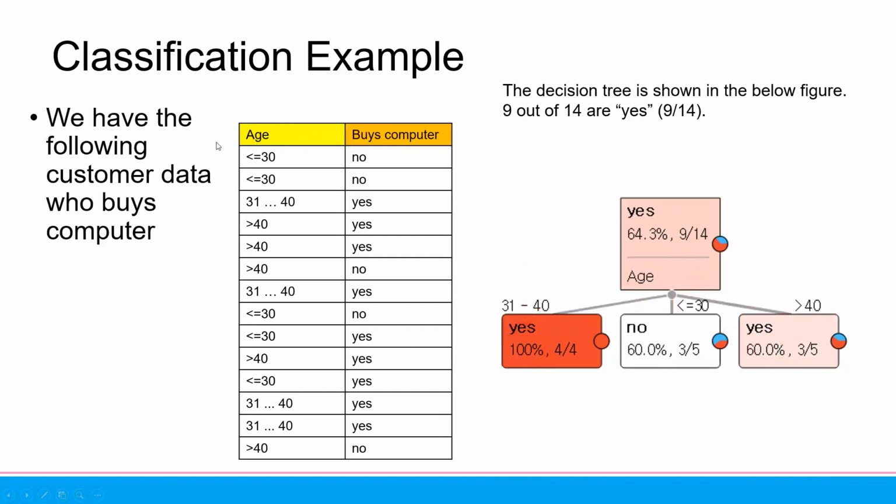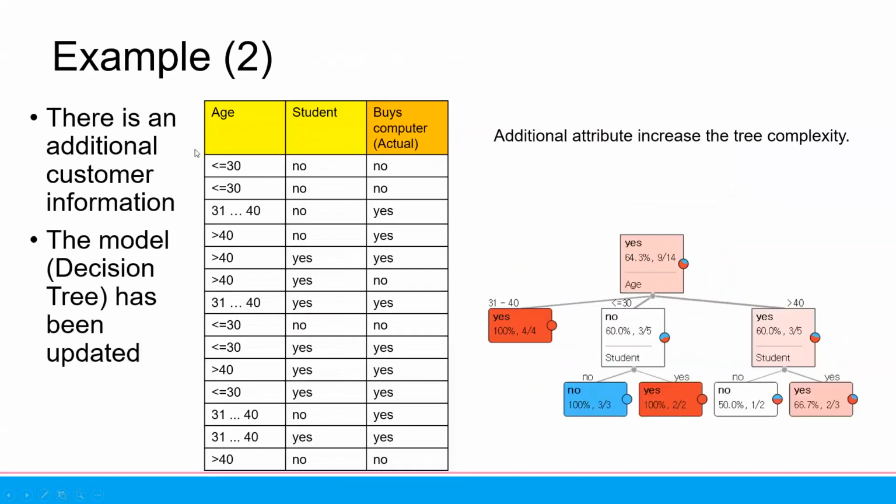Now, if I have an additional attribute, then it will increase the tree complexity. Okay. So for the additional attribute, we have the age, and then we have the attribute whether the person is a student or not. So the additional attribute increases the tree complexity.